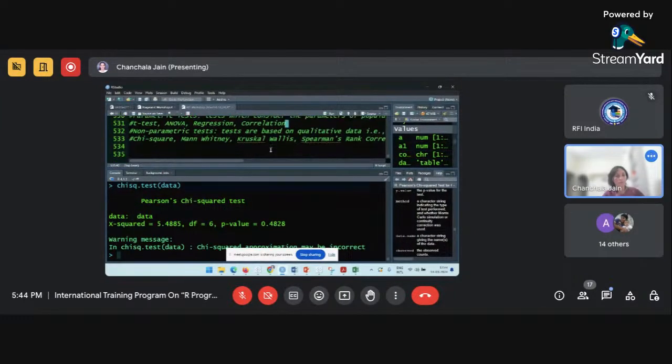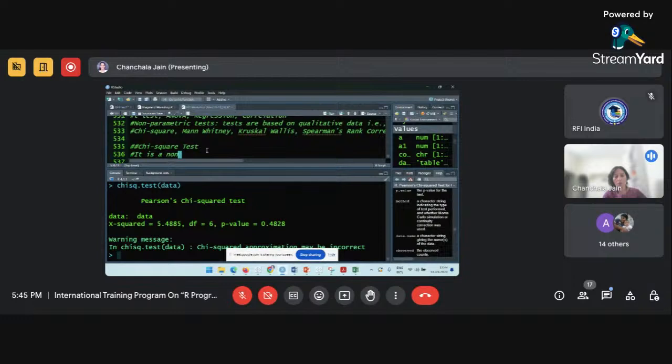Talking about the agenda of the day, chi-square. So the chi-square test, as I just said, is a non-parametric test, right? And it is based on categorical data, right?